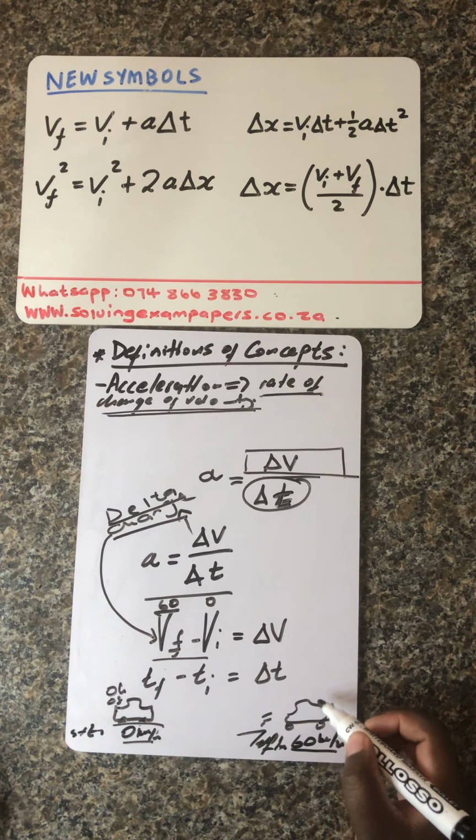So you can just write it down as part of your notes. So it's the total distance traveled per unit of time. Okay, so ladies and gentlemen, straightforward and easy as that.